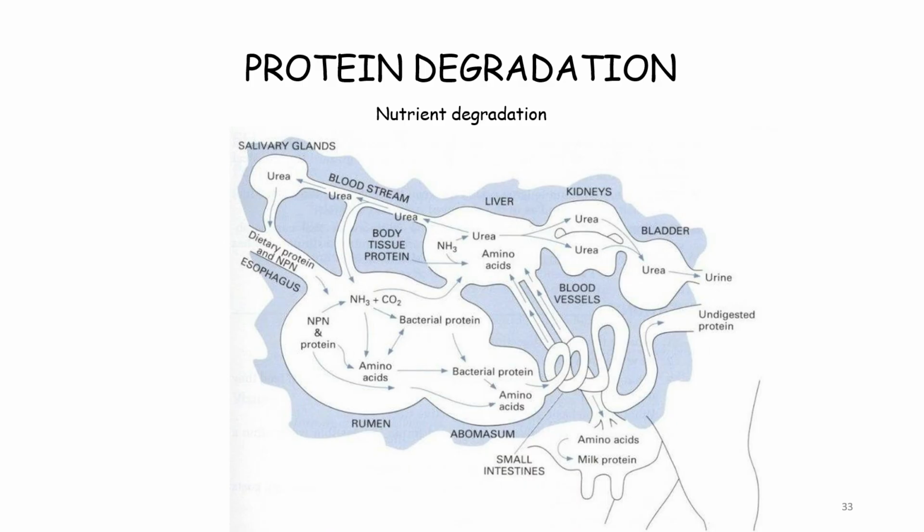So this one is about protein degradation. Nutrient degradation, as you can see here, this is the esophagus. When the animal takes in dietary protein and non-protein nitrogen, it goes inside the rumen, and because of the microorganisms, they use the crude protein, dietary protein, and non-protein nitrogen, and they can increase the number of bacteria, the number of microorganisms.